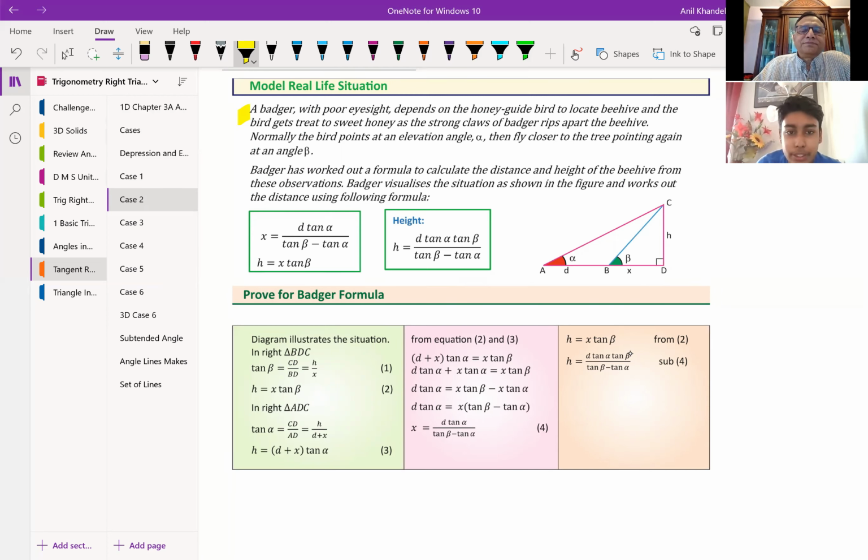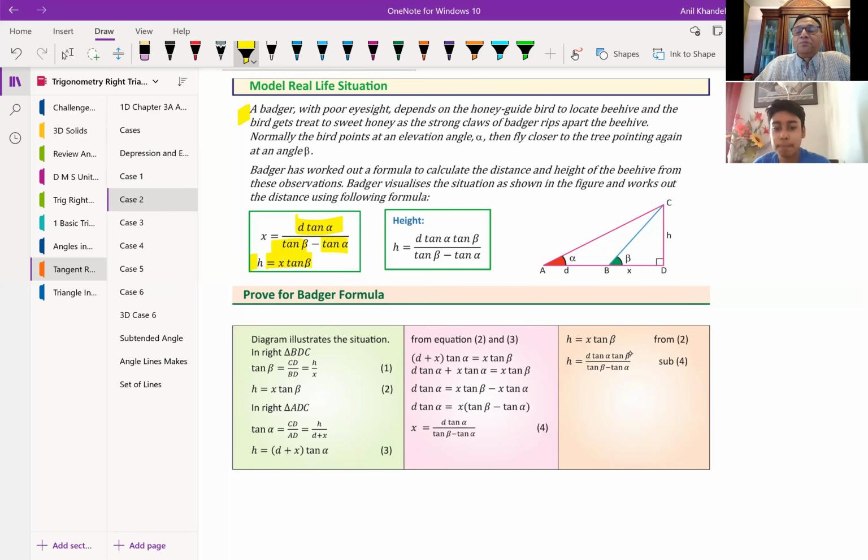The badger has worked out a formula to calculate the distance and height of the beehive from these observations. The badger visualizes the situation as shown in the figure and works out the distance using the following formula: x equals d tan alpha divided by (tan beta minus tan alpha), and H equals x tan beta.